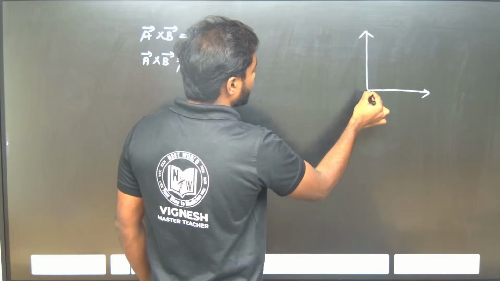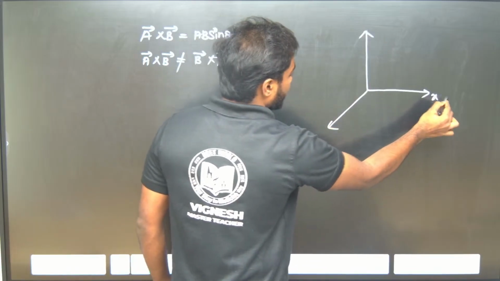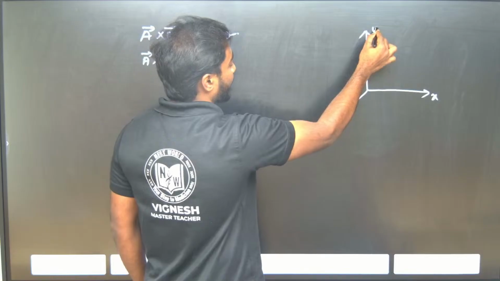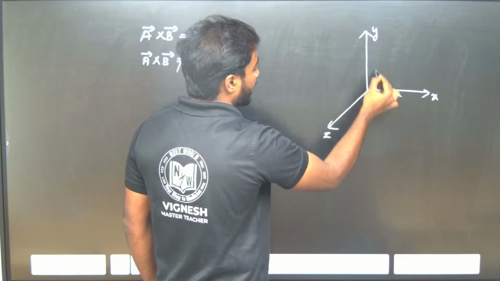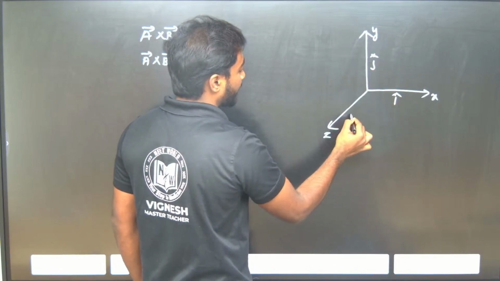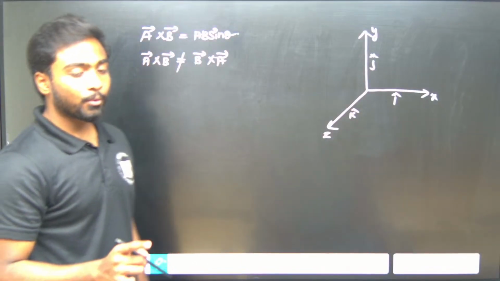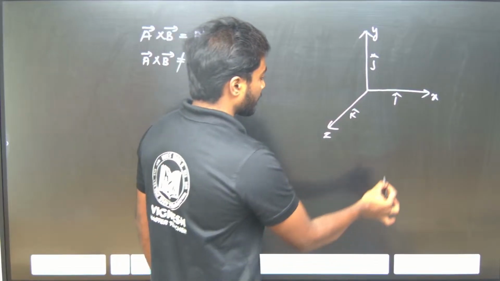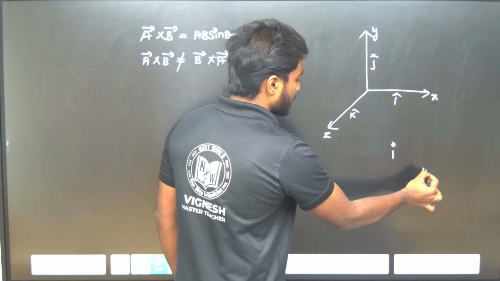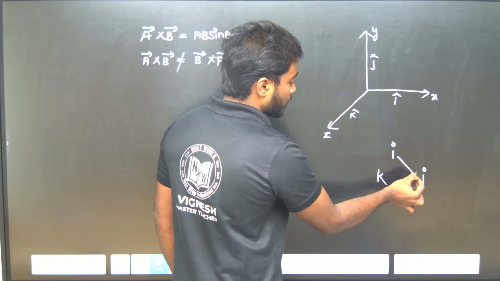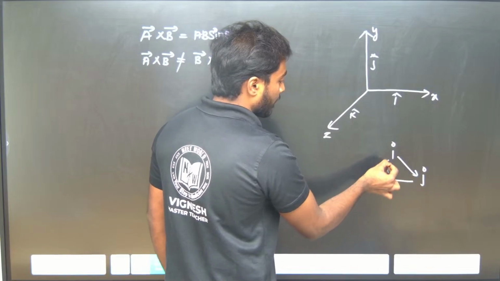This is my x-axis, z-axis, and this is the y-axis. The x-axis is i cap, the y-axis is j cap, the z-axis is k cap. So a simple thing you can remember is i, j, k: i to j, j to k, k to i.